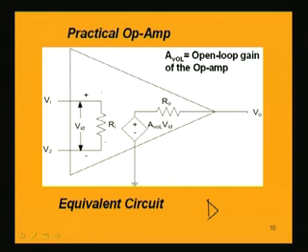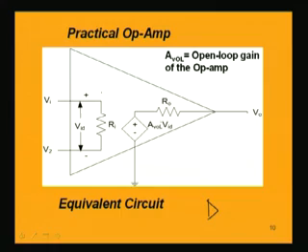So, we have a finite value of Ri, and at the output side we get the output voltage given by AVOL into VID, VID being the differential voltage at the input, multiplied by the open loop gain of the op-amp, AVOL, which is very high, but not infinite. Maybe it is 2 into 10 to the power 5, a typical value. So, multiplying it by the difference in voltage at the input terminals, we get the output, which is shown here by a dependent voltage source.